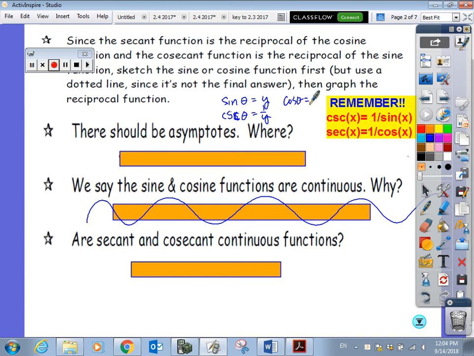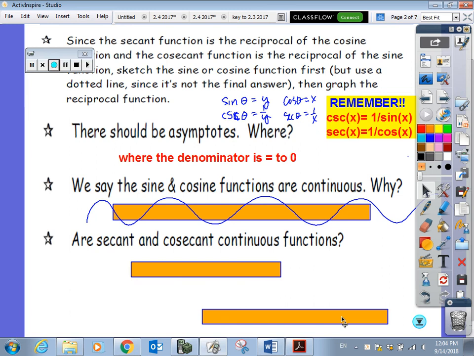Cosine of an angle is x. The reciprocal of that is secant of an angle, so 1 over x. There are going to be asymptotes wherever the denominator is equal to 0. So for cosecant, it's wherever y equals 0. For secant, it's wherever x equals 0.